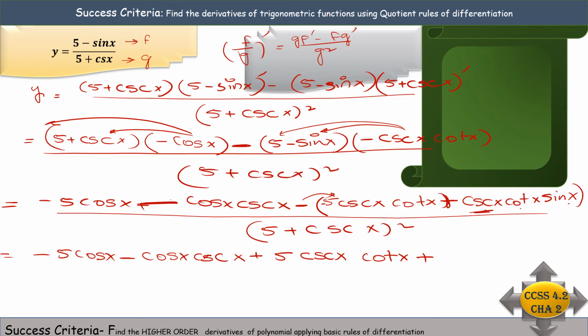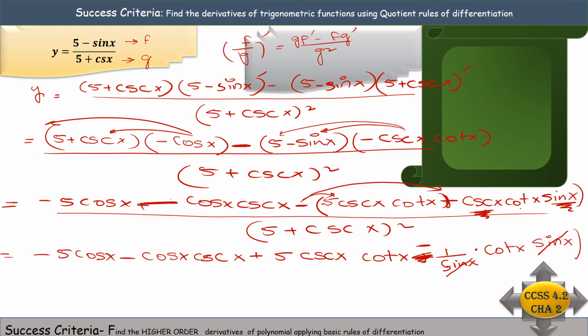Now I know that cosec x is 1 over sin x and this is the sin x. So if I write here in place of cosec x, 1 over sin x, this cot x as it is, and this sin x as it is. Why am I doing this? Doing this way, this and this will cancel. But negative and positive gives me negative. So this has to be a negative sign, over (5 plus cosec x) whole square.